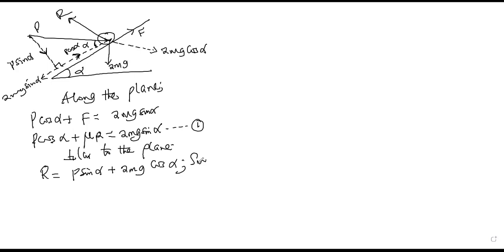And if you substitute R into equation 1, we shall have P cos alpha plus mu R, so it will be mu P sine alpha plus 2 mu mg cos alpha.